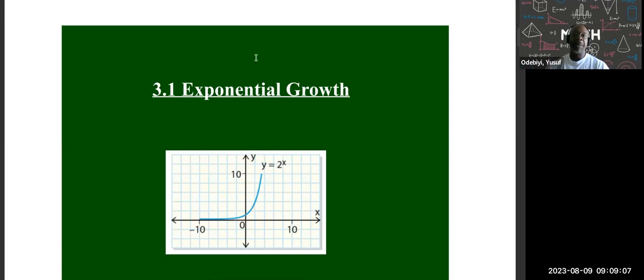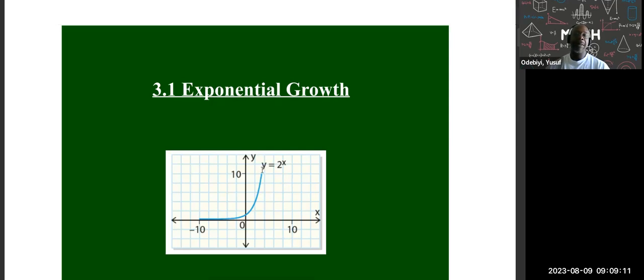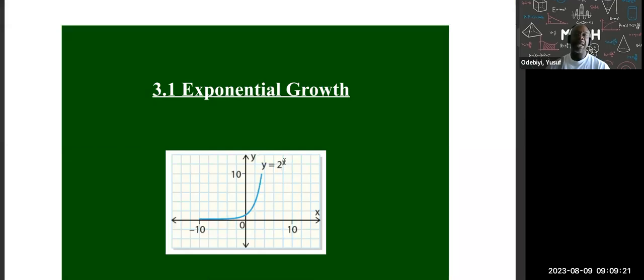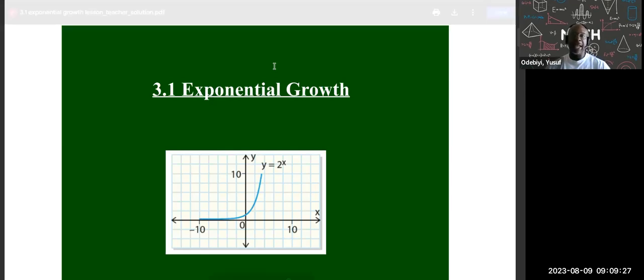When we talked about independent variables, right? Y is the dependent variable. Y is dependent on X. What X is will determine what Y is. And Y is not just the unknown, it's an exponent. Okay, so that's what we're looking at. We're looking at the unknown exponent.